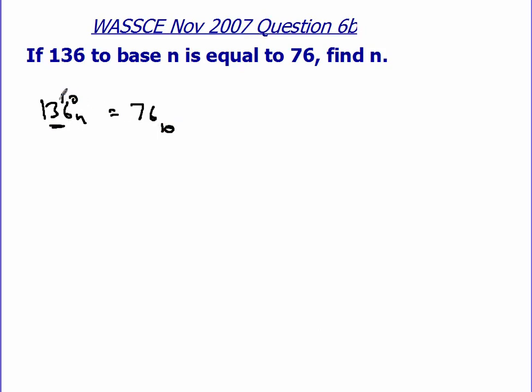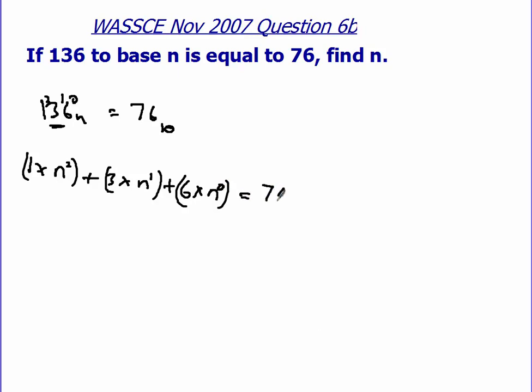Therefore, 0, 1, 2. So 1 times the base, which is n to the power 2, plus 3 times n to the power 1, plus 6 times n to the power 0 equal to 76. Okay, therefore n squared plus 3n plus, remember this is 1 because it's to the power 0, plus 6 is equal to 76.